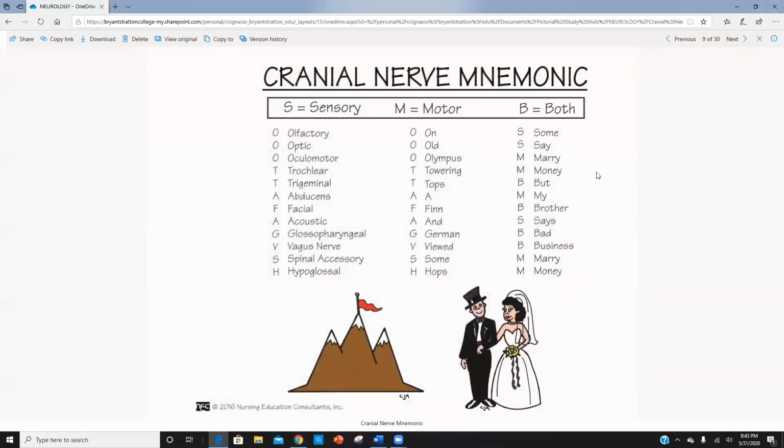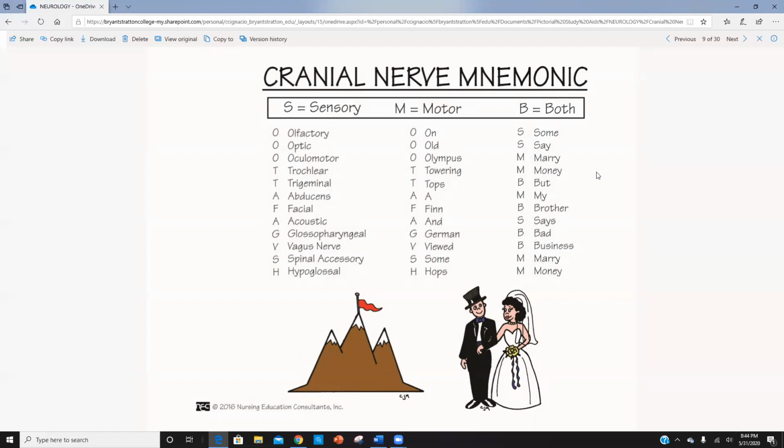Let's now look at the cranial nerves. So the cranial nerve mnemonic that's there is there to help you remember your cranial nerves. Cranial nerve number 1 is olfactory, sensory, smell. Cranial nerve number 2 is optic, it is sensory and vision. Cranial nerve number 3, oculomotor, and it's a motor nerve and it controls the eyes.